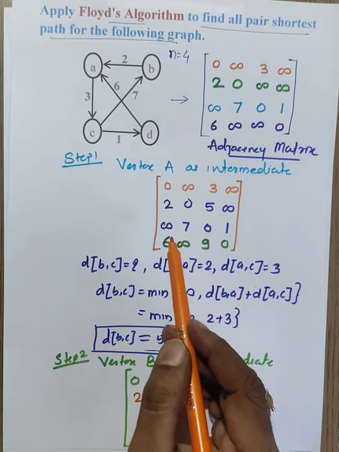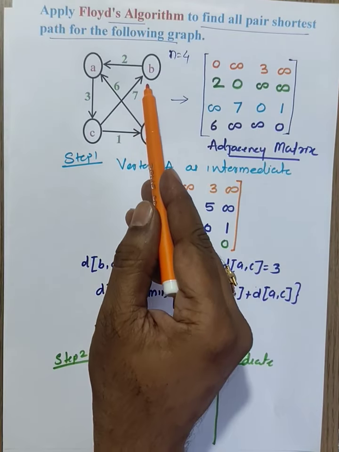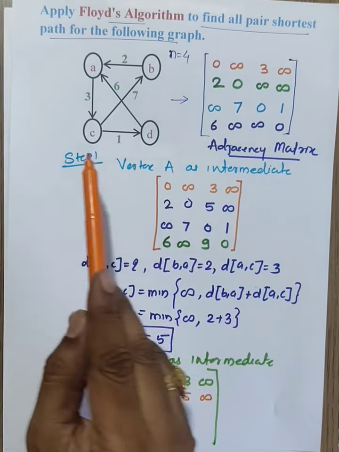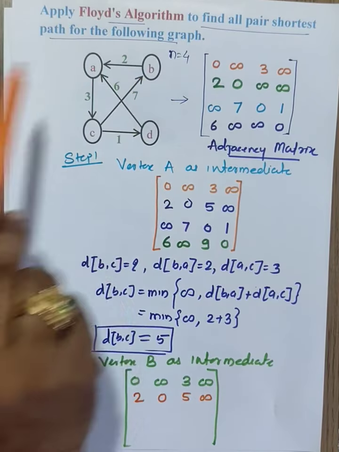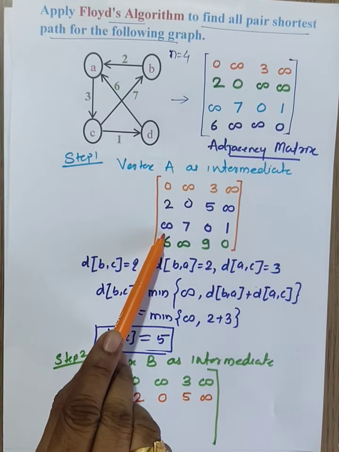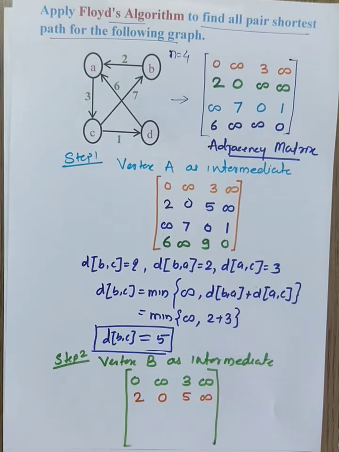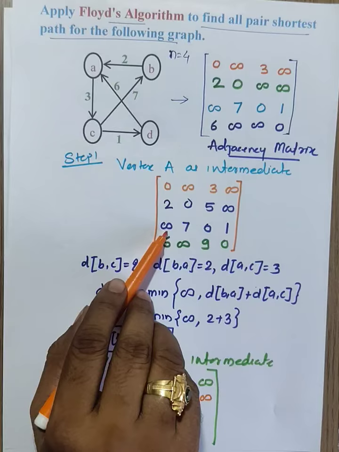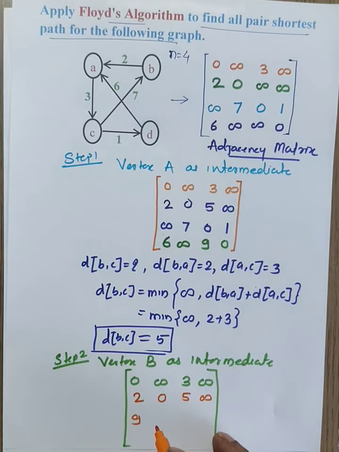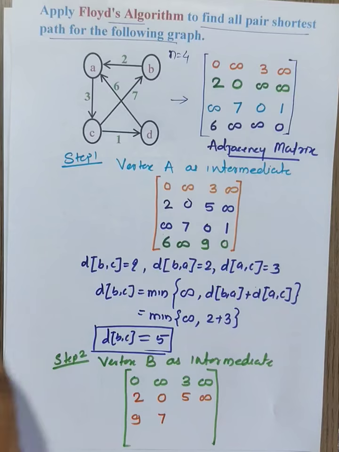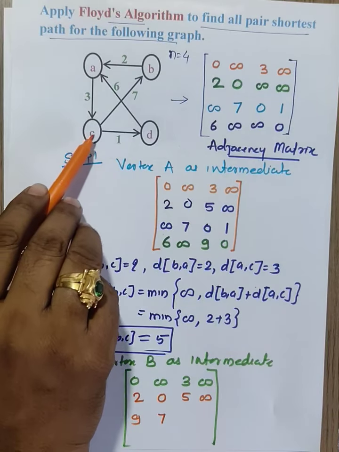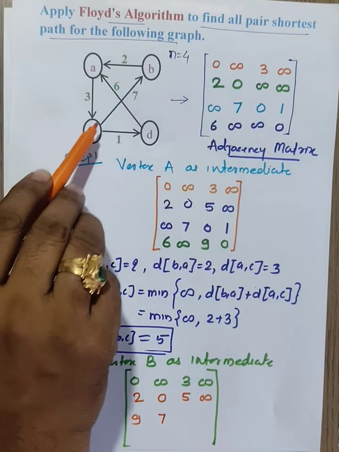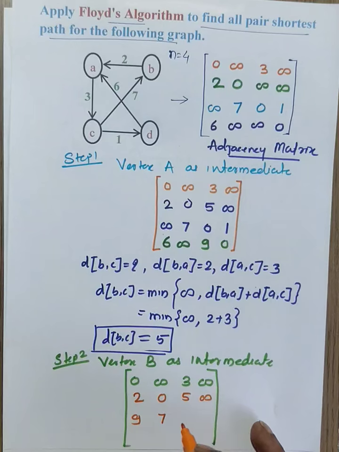Next, C to B is intermediate. C to A, C to B, B to A you can travel. Previous is infinity, so this is 7 plus 2, which is 9. B to A, B to B already. C to B is 7, so this is 7. C to C is 0.